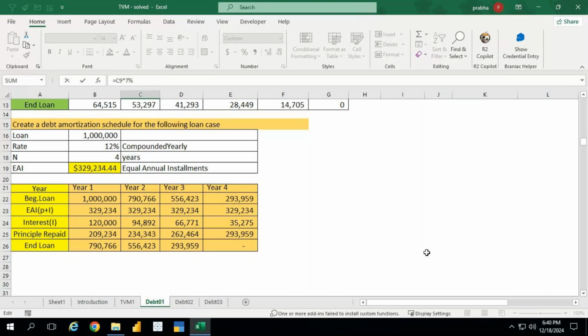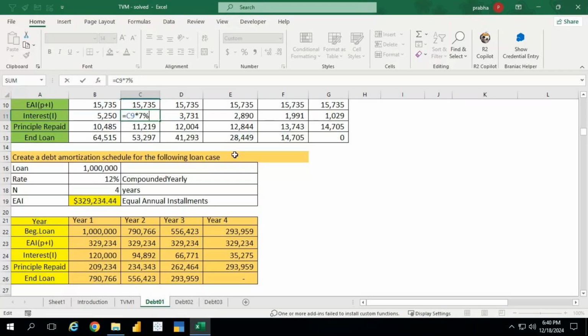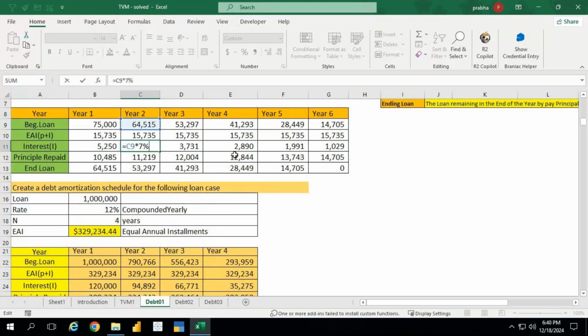Which cell are you getting the error? Ma'am, from the second year I'm getting it wrong. The second one is right, ma'am, but the rest years are not coming properly.